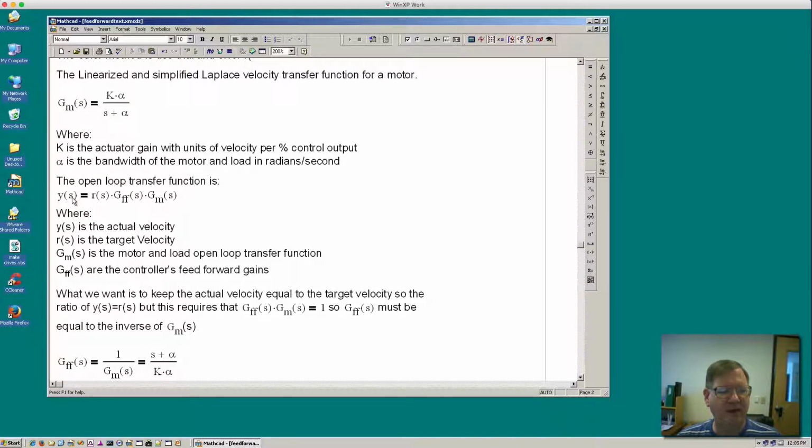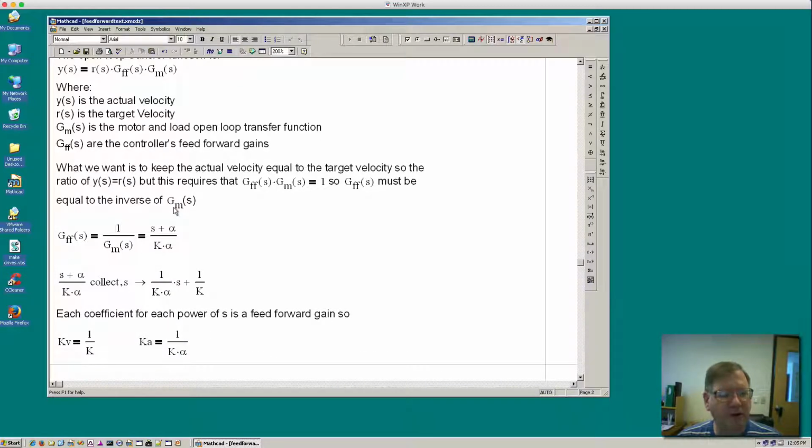We have the velocity. This is the actual velocity, target velocity, the feed-forward gains of the controller, or open loop gains. Feed-forward gains are open loop gains. And this is the model for the motor.